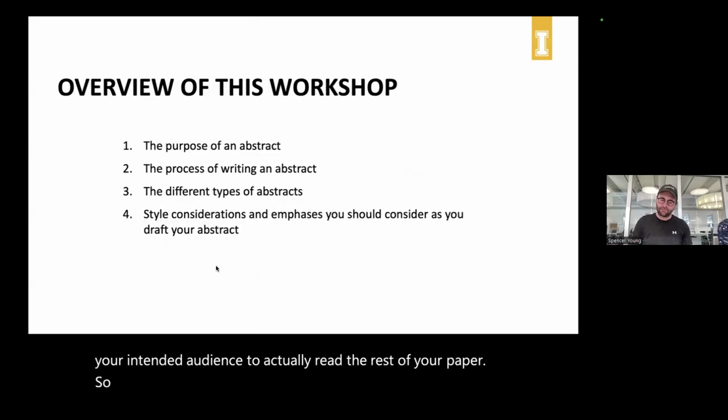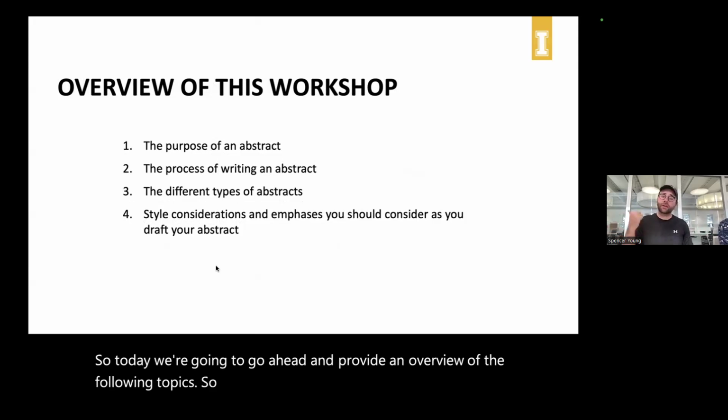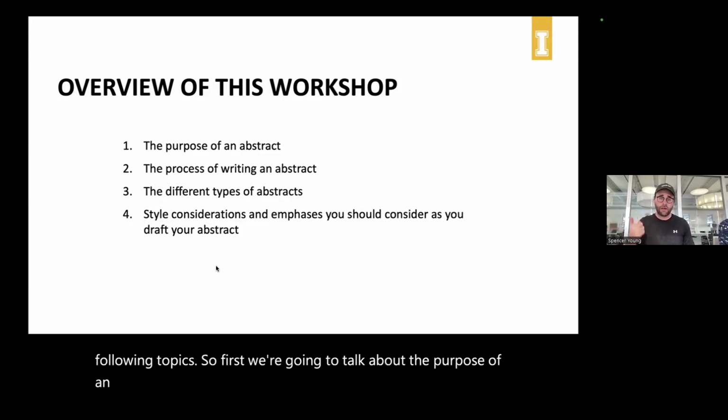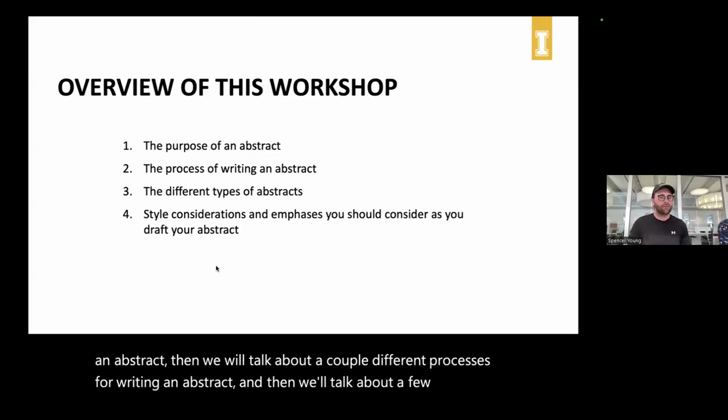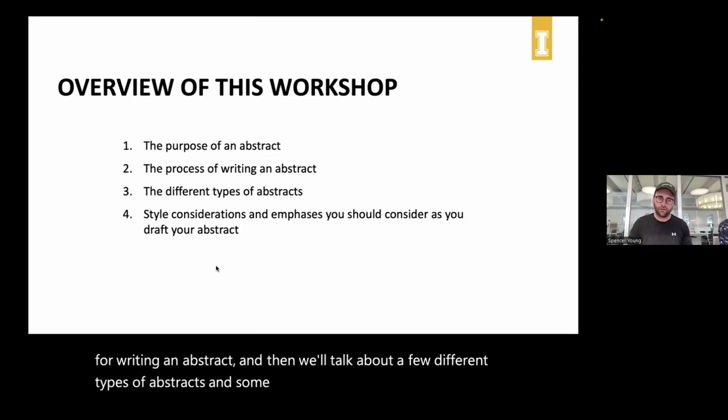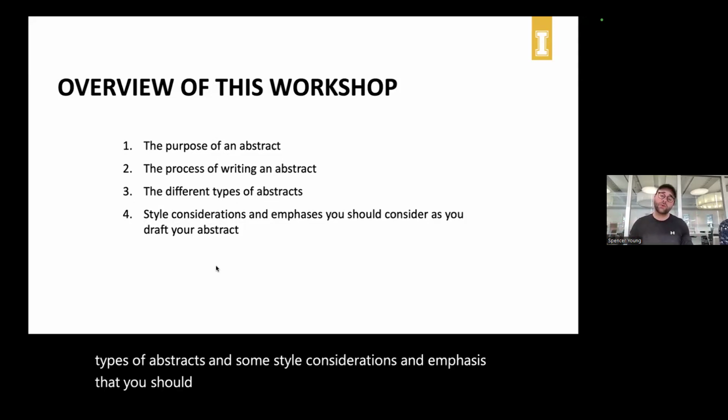Today, we're going to provide an overview of the following topics. First, we're going to talk about the purpose of an abstract. Then we will talk about a couple of different processes for writing an abstract. And then we'll talk about a few different types of abstracts and some style considerations and emphases that you should consider as you draft your abstract.